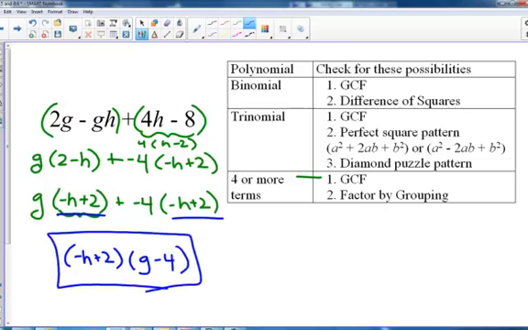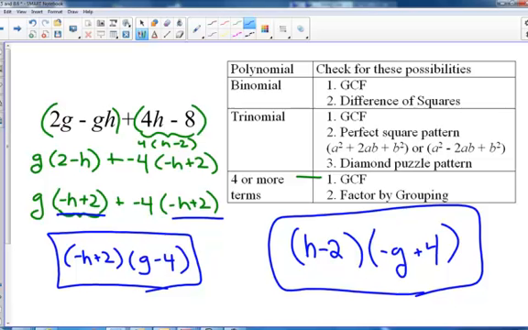If you happen to have h minus 2 and negative g plus 4, or some version of that, that's the same exact thing. So if you actually negated the first one, these are the same. If everything is opposite, it's the same, because a negative times a negative is a positive.